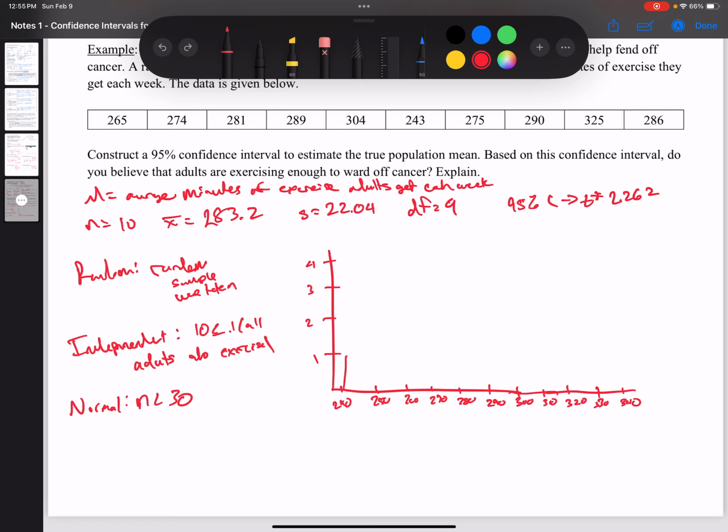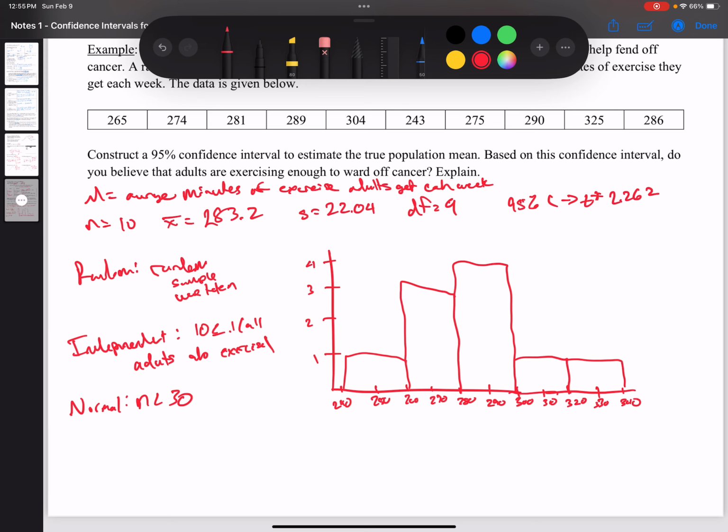So it goes to 260, we get 1. And then to 280, we get 3. And then to 300, we get 4. And then to 320, we get 1. And then 1 for 340.